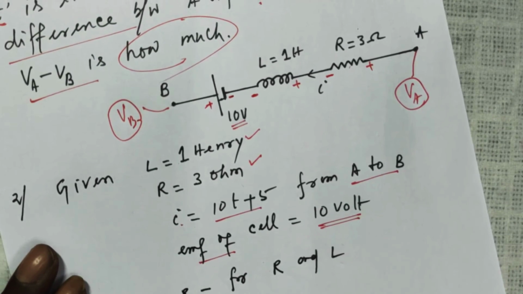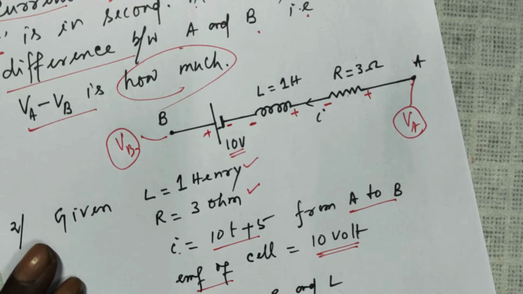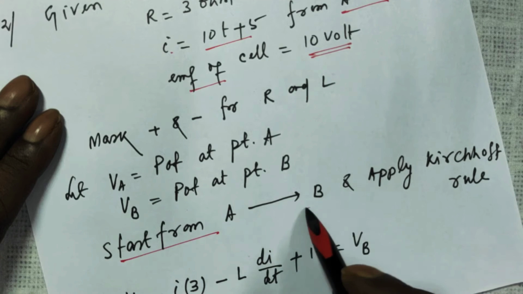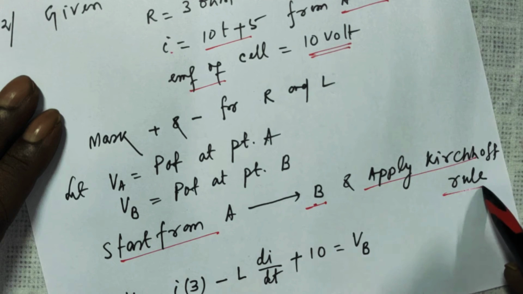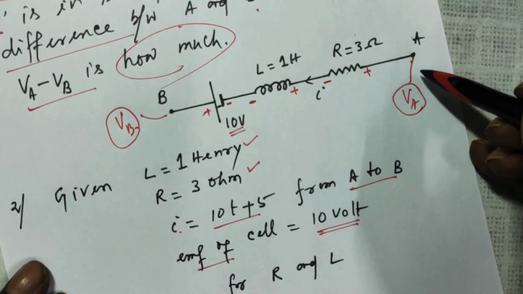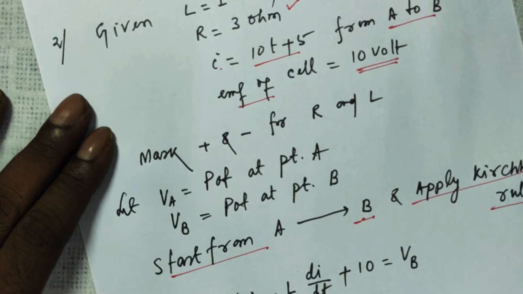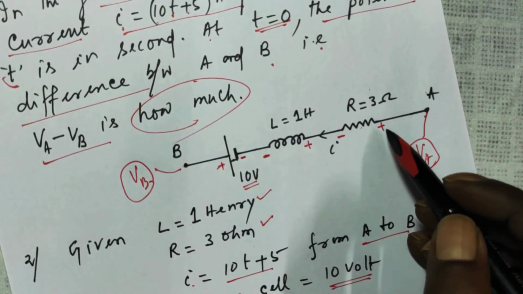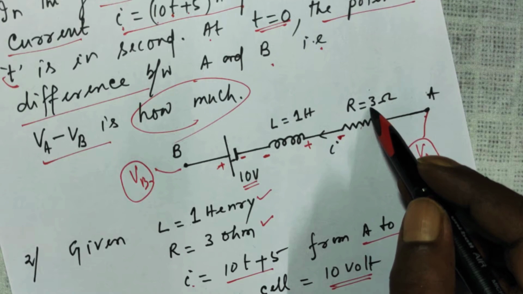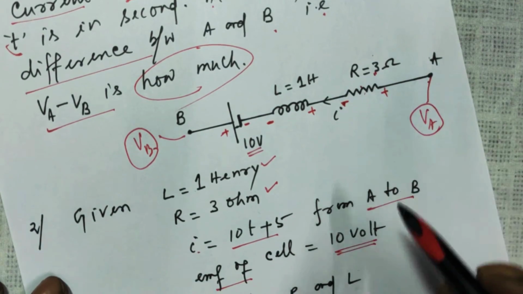So let us start from A and move towards B, applying Kirchhoff's rule. Which rule? The voltage rule. So I start with point A, and write VA, the potential at A. Now here, plus to minus, that is a drop. I arrive at this resistance, current into 3, so minus I into 3.